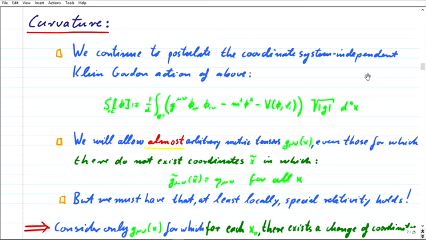So we continue, first of all, now that we allow g mu nu of x's which are not in the same equivalence class as eta, we allow curvature, right? I mean, I haven't really explained curvature just yet, but that's what we are going to allow now. So this g mu nu of x generally may not have a representation as eta for whatever coordinate system you may want to choose.